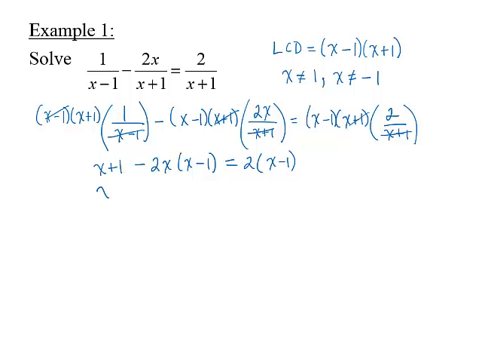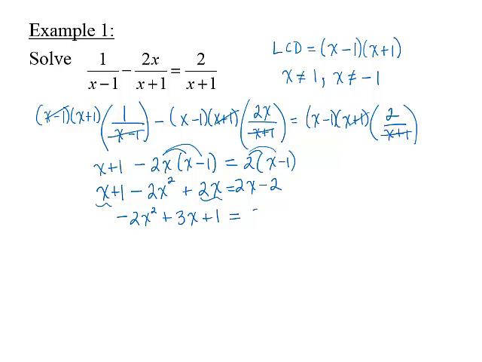Distributing, we get x plus 1 minus 2x squared plus 2x equals 2x minus 2. Combining like terms, we have negative 2x squared plus 3x plus 1 equals 2x minus 2.